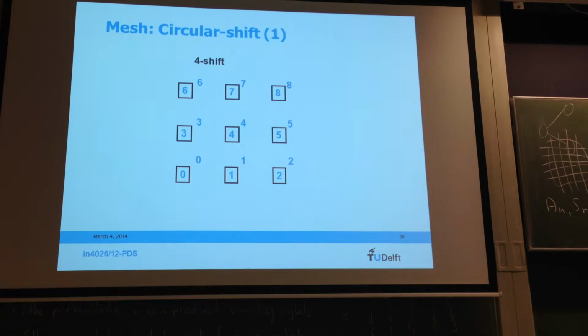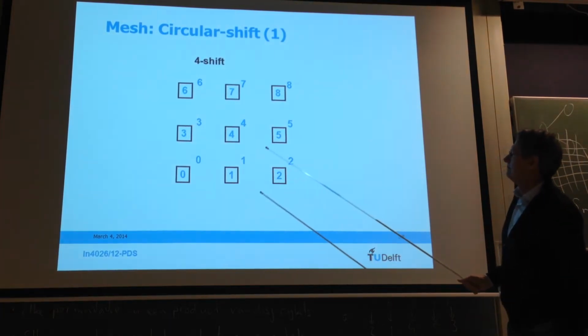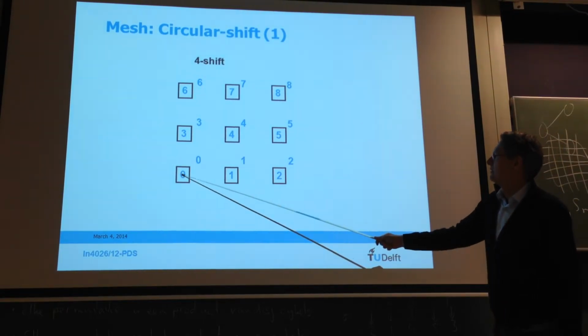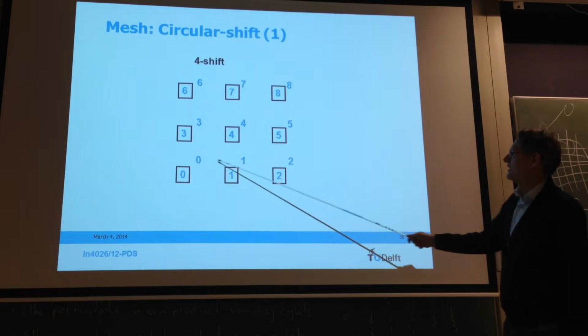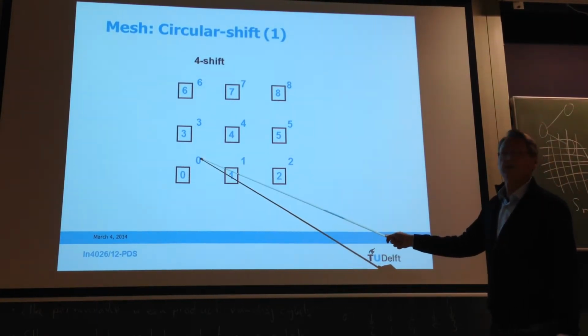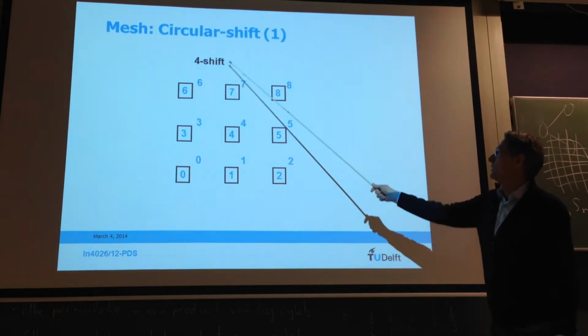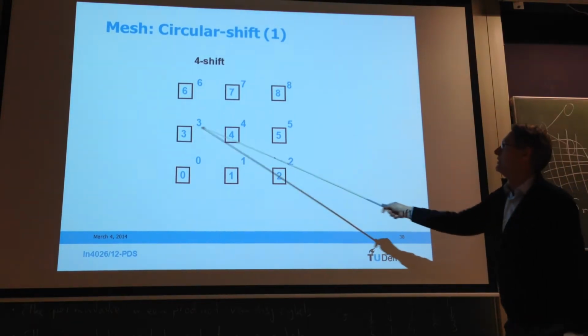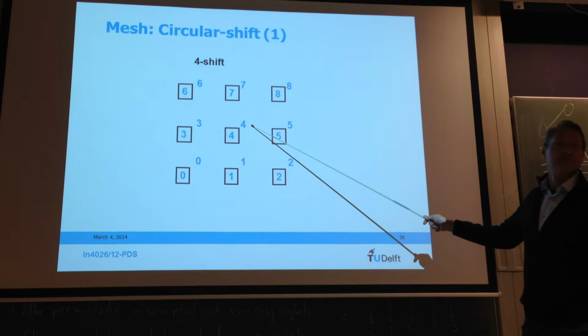For mesh, it's somewhat more complicated, because here we have an example of a circular shift, where in the original numbered processors, each one has a data item which I number the same according to the original processor, and if I want to have a 4 shift, then I have to shift this one 1, 2, 3, 4 to this place.